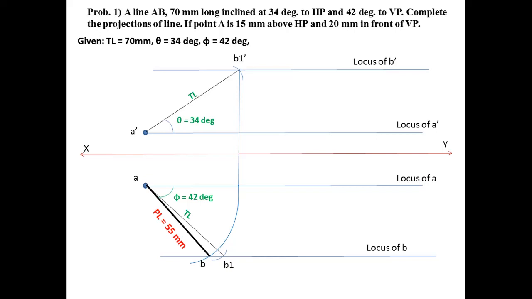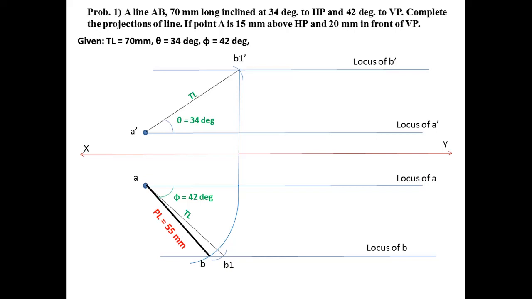Similar to this, we have to obtain the apparent length in front view. So by using one rule, we can obtain the apparent length in front view also. The apparent length in front view is known as elevation length, and the rule is the end point of plan length and end points of elevation length lie on the same vertical projector.